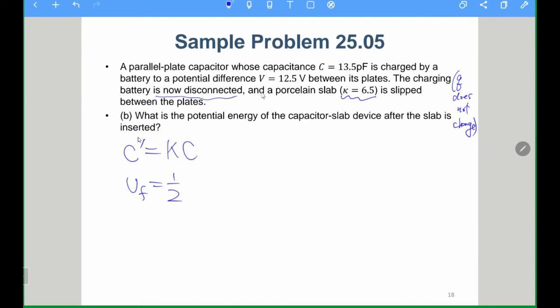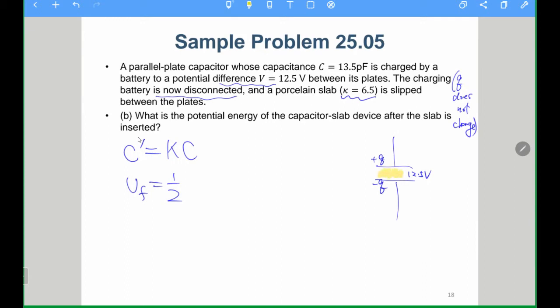At the very beginning we have a capacitor. We charge the capacitor with a battery. This is the second step, so it becomes 12.5 volts here. There will be some charge plus Q and negative Q. And then we remove the battery. The next step is to insert the slab.